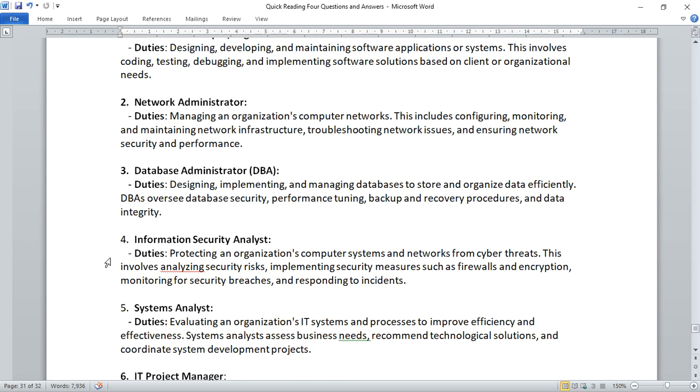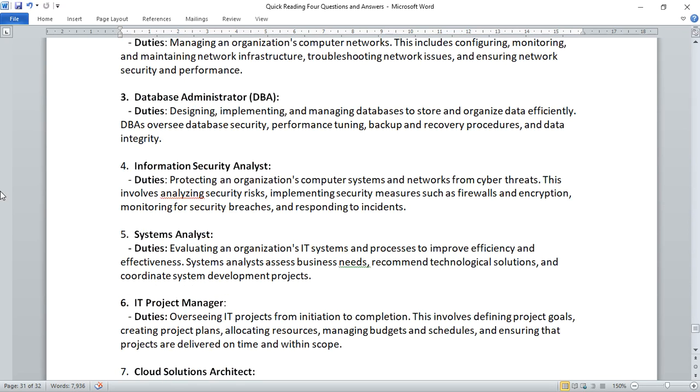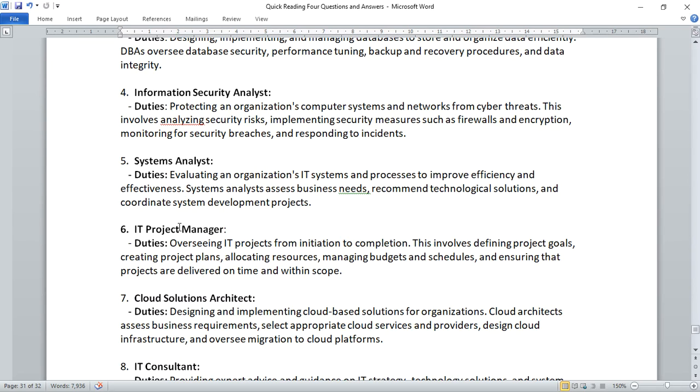We have information system analyst, security analyst. This is a guy responsible for protecting an organization's computer systems and networks from cyber threats. In Form 2, you can read about the cyber threats. Then we have a system analyst.